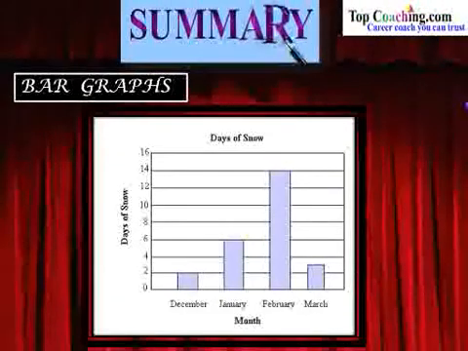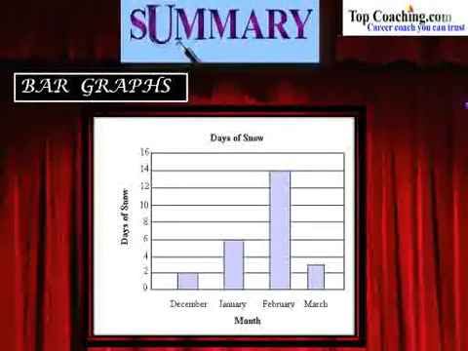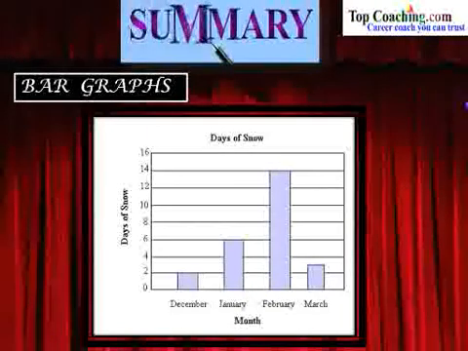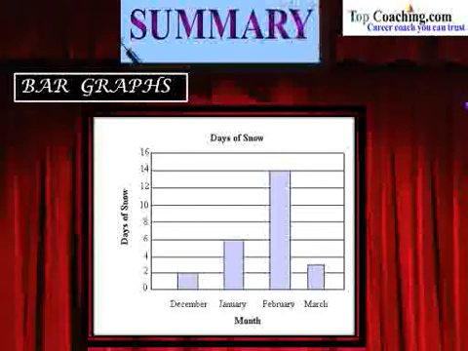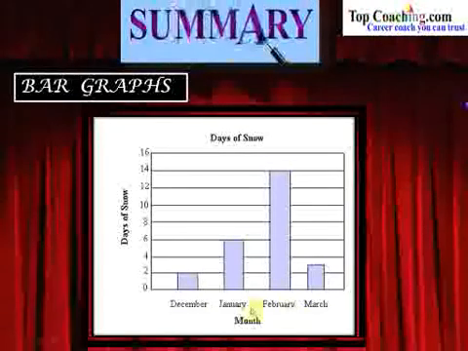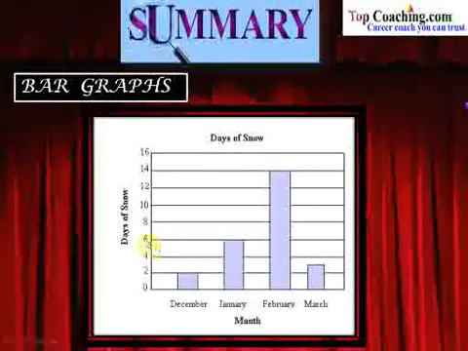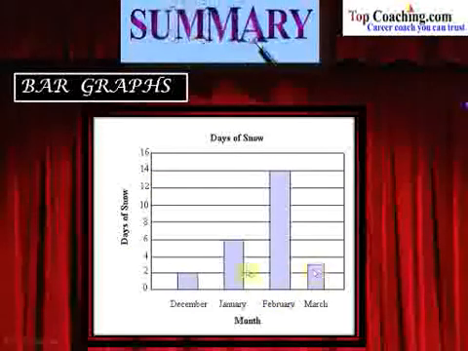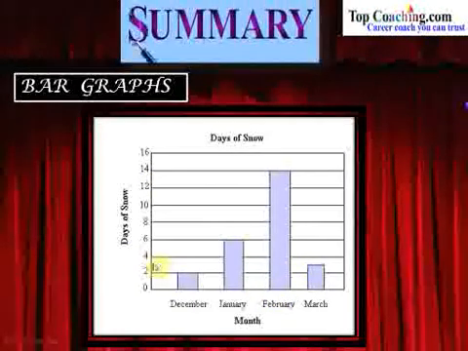From this graph, we can say in the month of December there were 2 days of snowfall, in January there were 6 days, in February 14 days and in March 3 days of snowfall.